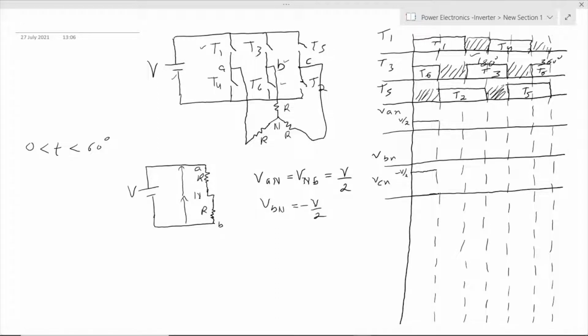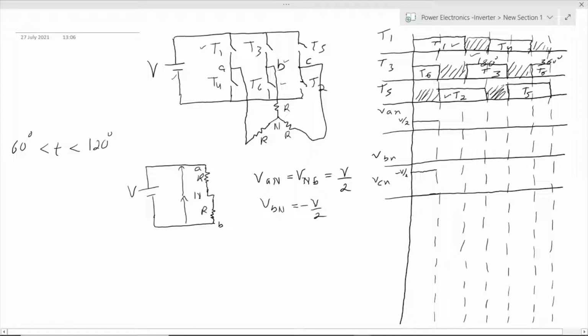Then in the next interval, from 60 degree to 120 degree, what will happen? Which phase will be connected to plus V and which phase will be connected to the 0 point? So T1 is conducting, so A phase will be connected to plus V, and then T2 is connected. T2 is C phase.